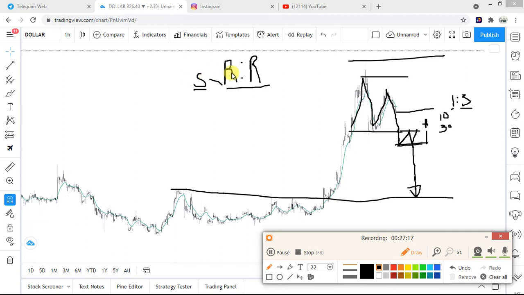Now, on risk reward ratio, you will see the market that you have put here ATP, take a profit. Here you have take a profit. Now, what you should decide here is something very crucial.